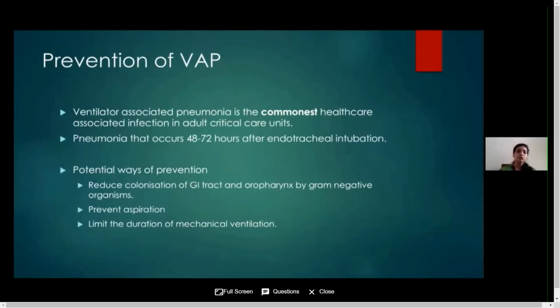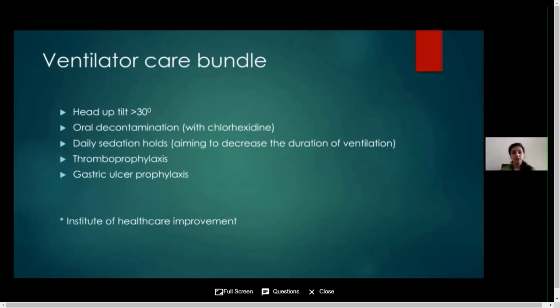And potential ways to prevent it are to reduce colonization of your GI tract, prevent aspiration, and limit the duration of ventilation. So in order to achieve those targets, the Institute for Healthcare Improvement has set up a ventilator care bundle that should be practiced in all ICUs in these ventilated patients.